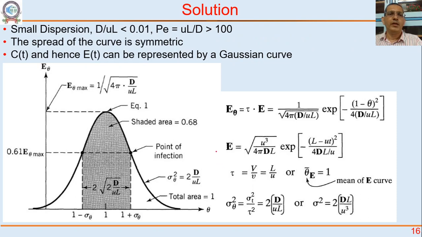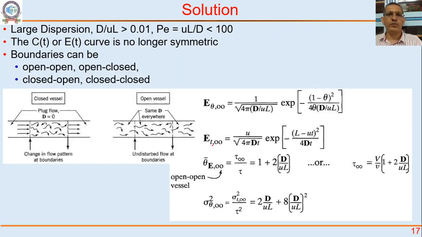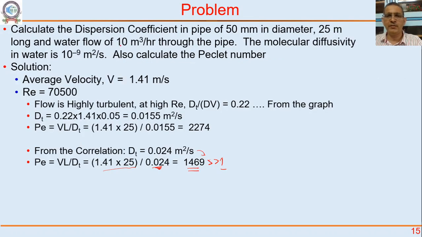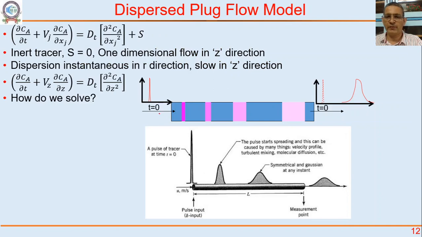Okay. So now if you have to solve, we have to do a couple of things. One is, if the dispersion coefficient is small, d by uL is 0.01, that means Peclet number is greater than 100, then the tracer spreads more and the peak reduces, and this spread will be symmetric.